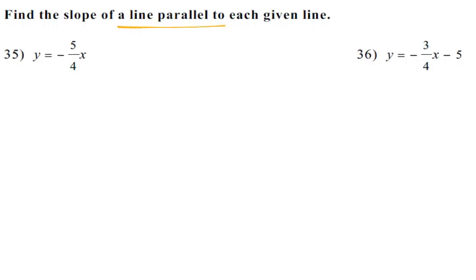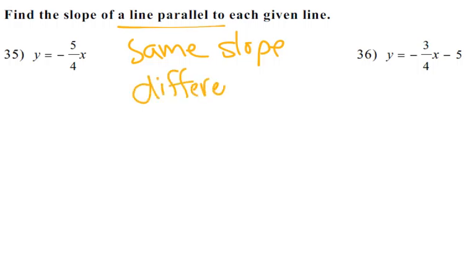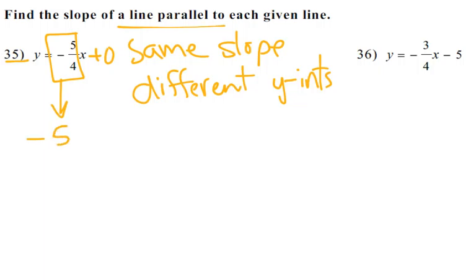So, parallel lines. Remember, the whole point of parallel lines is that they have the same slope, and they have different y-intercepts. Okay? So, if we look at 35, slope of negative 3/4, y-intercept of 0. So, the slope of a line parallel is just the same thing.